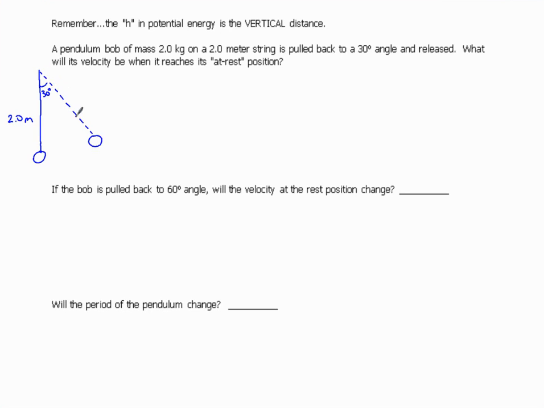Now, the side of this, we're kind of making a triangle right now, is still the length of the string. That hasn't changed. Still 2 meters. Here's what we're going to do. We're going to make a right angle with the equilibrium position. So here's my right angle.